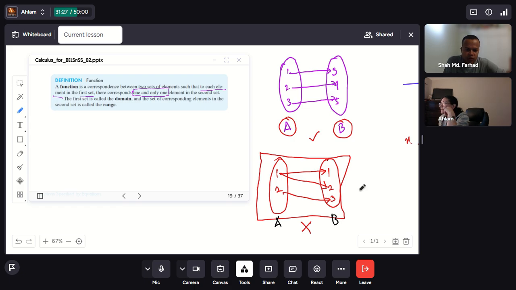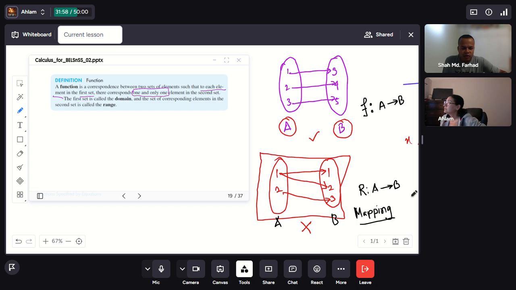Here is the relation, called the relation R, such that A to B. But if it is a function, then we just write it as f from A to B. That is only the mapping. This one is also called the mapping. So every mapping is not a function, right?